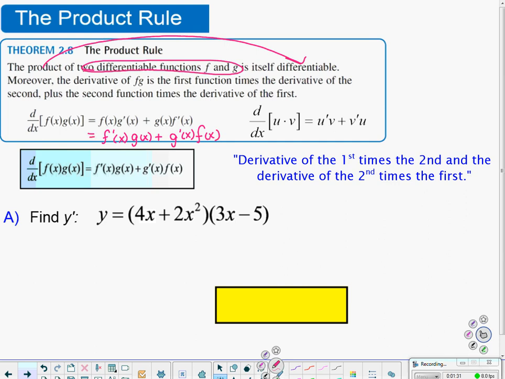To be honest, I tend to use this more often than the other one. So you'll see me taking the derivative of the first times the second function plus the derivative of the second function multiplied by the first.